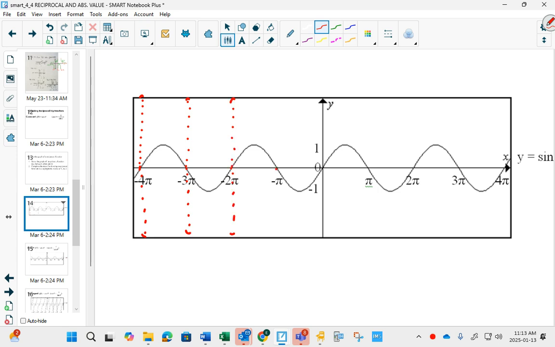So wherever there is an x-intercept, we are going to get an asymptote. And there's lots of them.